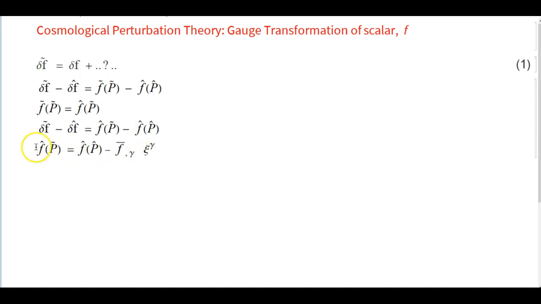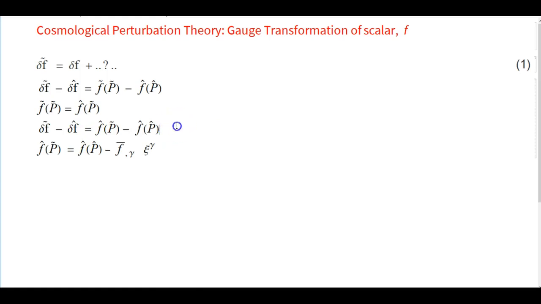I will put all the relevant equations in the review sheet, which I will share in one of my future videos. You will find all the helpful equations I derived in my previous videos there. So the p tilde value is equal to the p caret value minus f bar derivative with respect to gamma, times xi gamma.